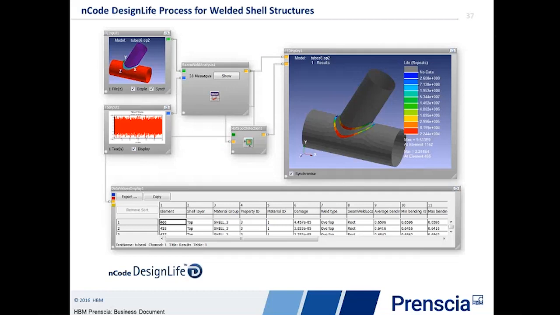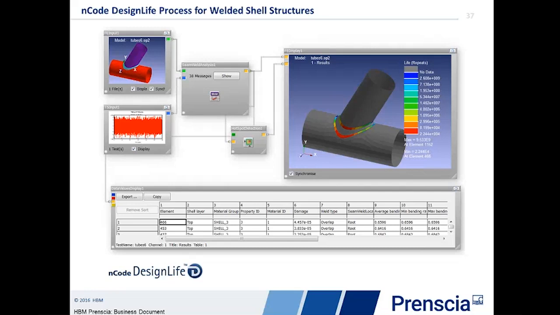So what we're looking at here is just a simple process for doing welds and shells. If I look at the upper left-hand corner, it's the weld that's colored cyan that's being presented to DesignLife as the weld. In this case, this was put in as a combined fillet and overlap, so I didn't have to try to characterize the weld that way.